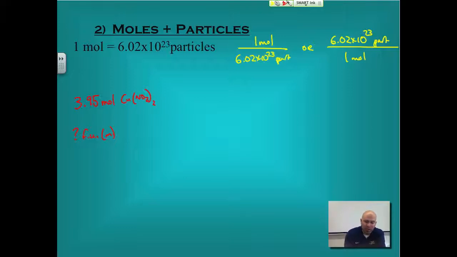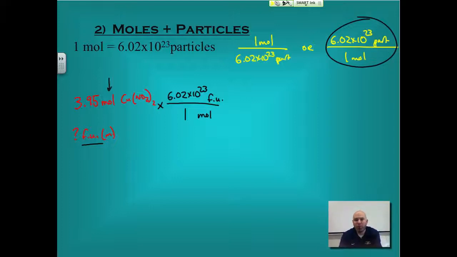So, how do I do it? Well, X line. You're going to hear me keep saying X line. Moles goes in the bottom because that's the unit I'm given. Formula units goes on top because that's what I'm looking for. Notice I always have 1. I'm always going to have 1 when I do a conversion between moles and something else. 1 mole. And then the number I'm going to use for formula units is 6.02 times 10 to the 23rd. I'm using this unit equality, well, that conversion factor I should say.